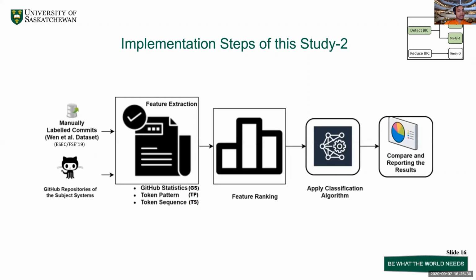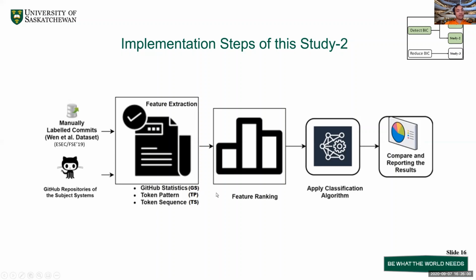So in the second study, the steps are these: I used manually labeled datasets from 6 software systems, cloned the 6 software systems from their respective GitHub repositories, and extracted the GitHub statistics based features.